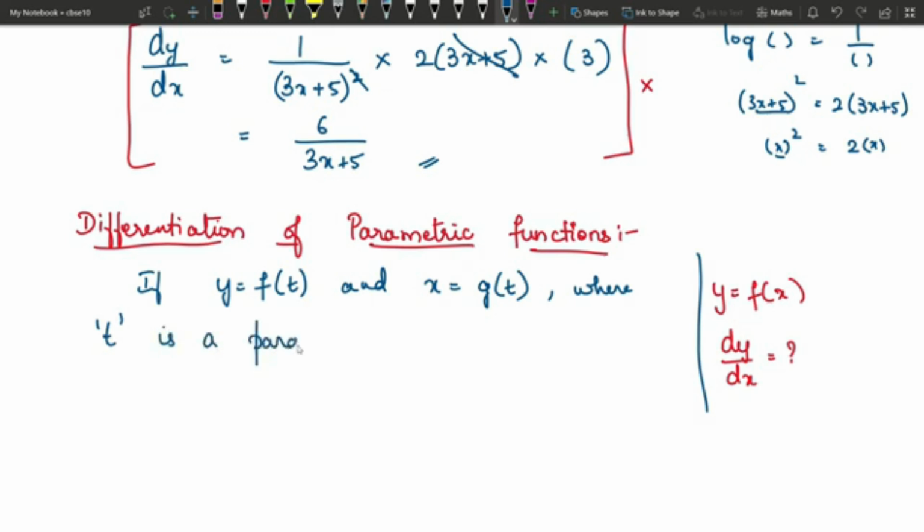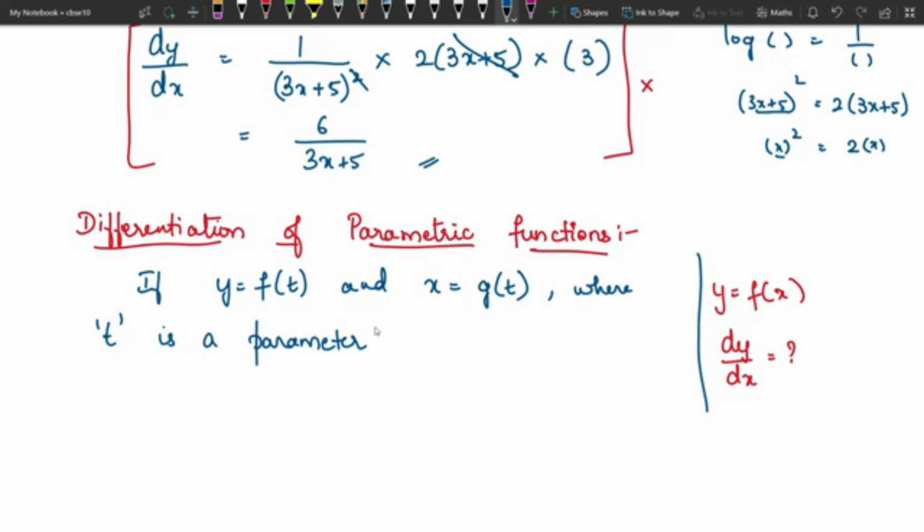Okay, where t is a parameter. An example is that you can have distance as a function of time, and you can have speed also as a function of time. So suppose you have two quantities y and x, both expressed in terms of a third parameter, then differentiation of such functions is called parametric functions.